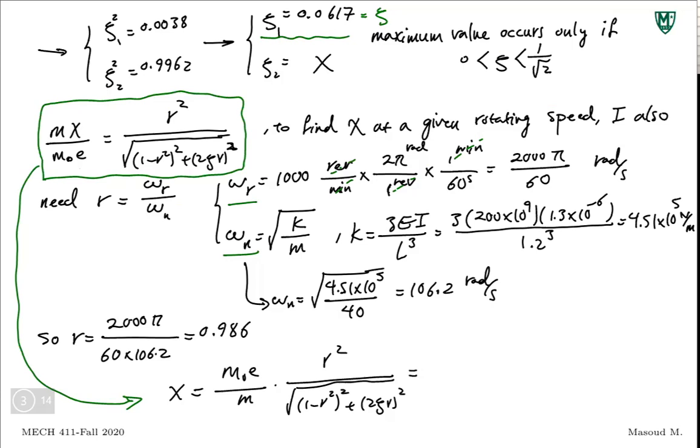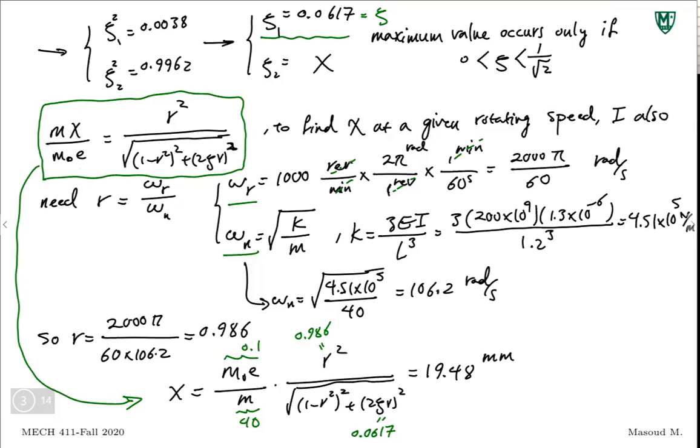I know m naught E, I'm given that, it is 0.1. M is 40 kilograms, R now I know is 0.986, and zeta I also know, it is 0.0617. Plug in these values and you'll get 19.48. I converted that to millimeters directly. The output would be in meters, obviously, and then I convert that to millimeters.